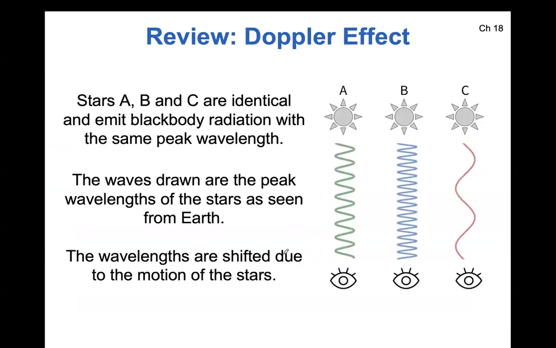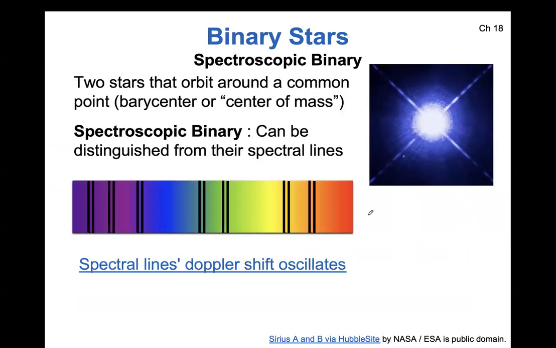So in this case, the orbit isn't in a plane that we can see. Instead, the stars are orbiting each other with one of them always in front of the other relative to our line of sight from Earth, or behind the other, or to the side. But we mostly care about when they're in front or behind each other, okay? And actually also, never mind, we also care about when they're to the side because that's when they're going to be moving either towards or away from us.